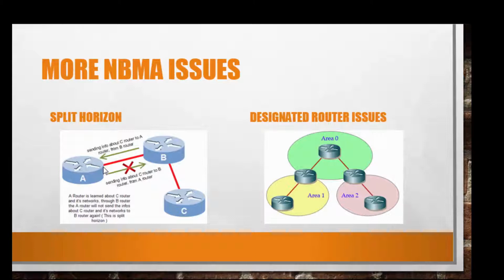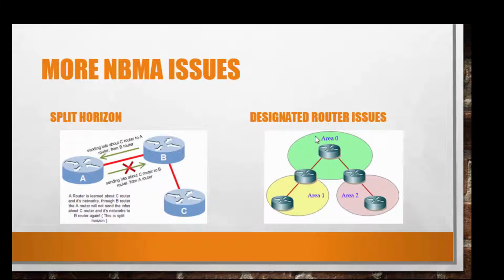And the other thing that we're going to find is designated router issues. As you remember, when you studied CCNA, OSPF has a designated router. The designated router is the router that connects with all the other network segments to form adjacencies over here.